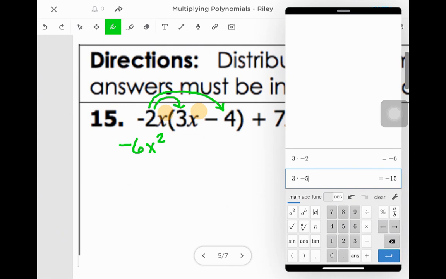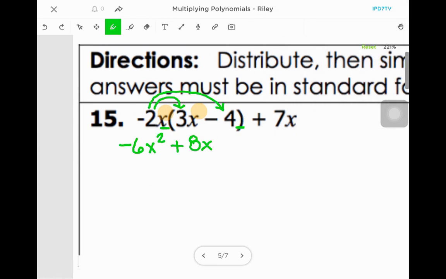And if you aren't sure of your rules, -2 times -4 gets me a +8. So make sure you put +8. And I got to make my x's. X, and there's nothing over here, so I just tag the x on at the back. And then this is just on the end. Nothing's getting multiplied because it's not in the parentheses. So we're just going to bring plus 7x down.